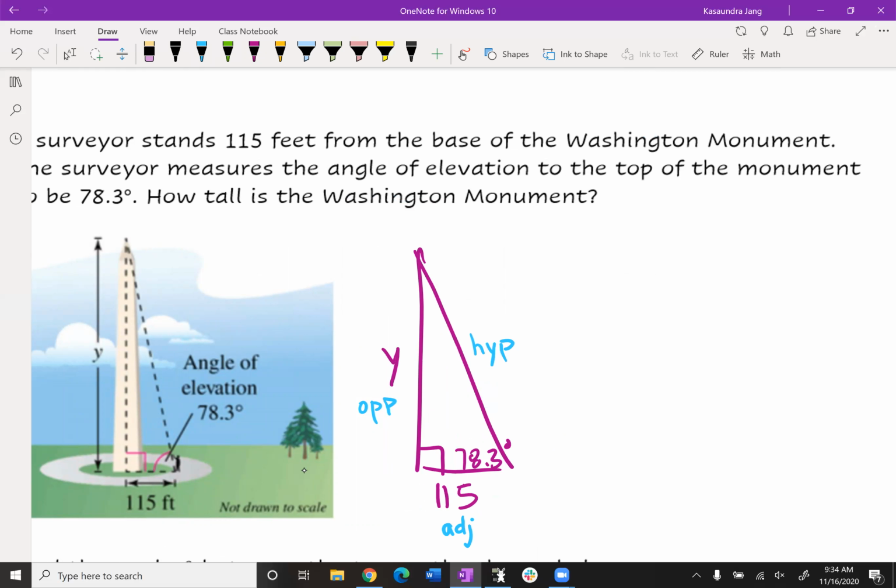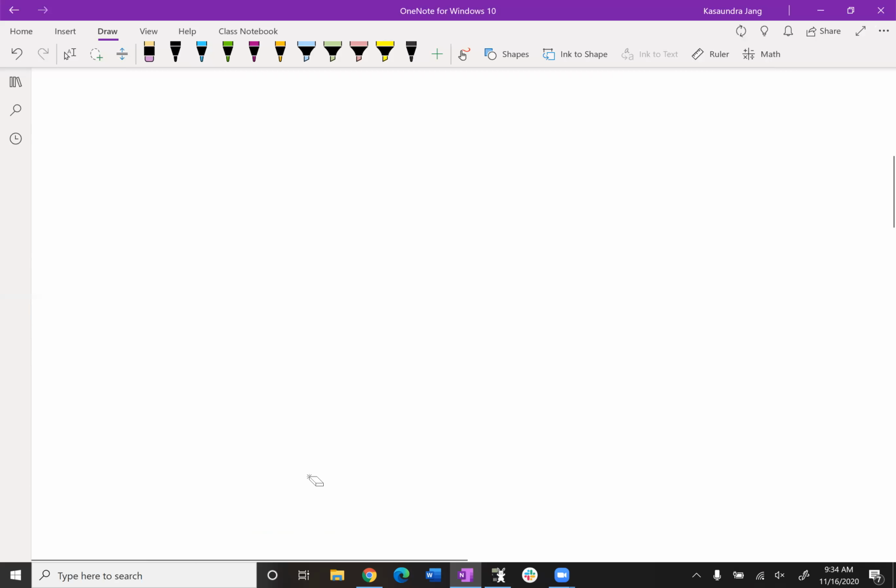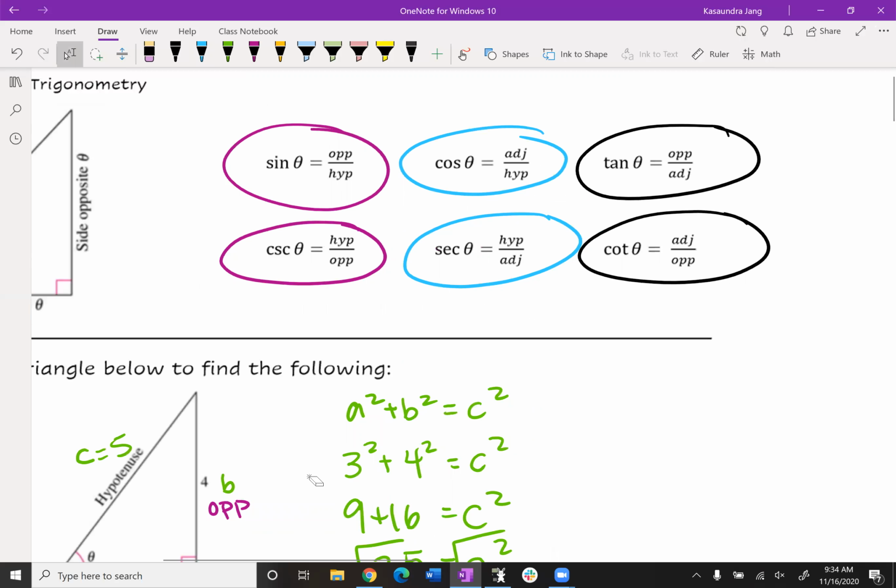So I'm trying to look for which trig function would use the opposite and the adjacent. I don't know if you guys watched the video last time, but here are my trig functions. I want the one that uses the opposite and adjacent. So I'm going to go with either tangent or cotangent.